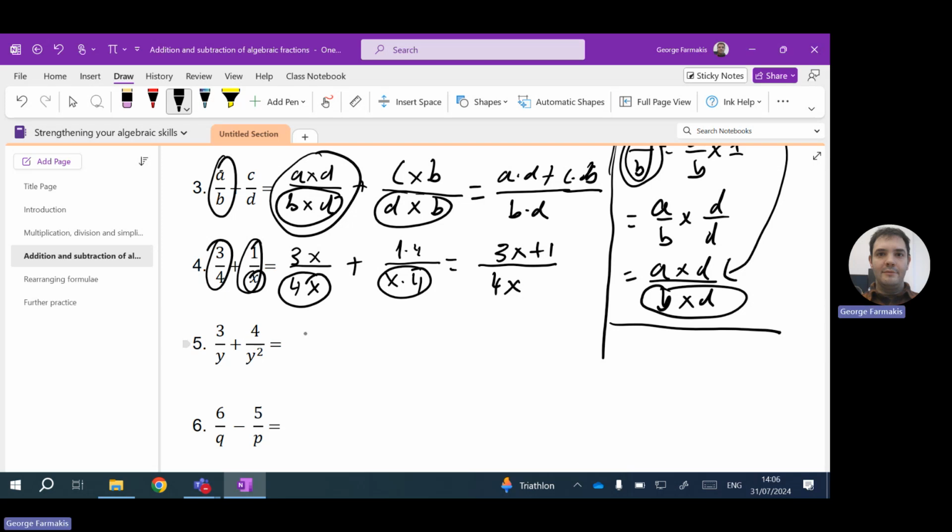Let's do 5. So for 5 here we notice again that we have different denominators. However, the first fraction has denominator y, the second one has y squared.